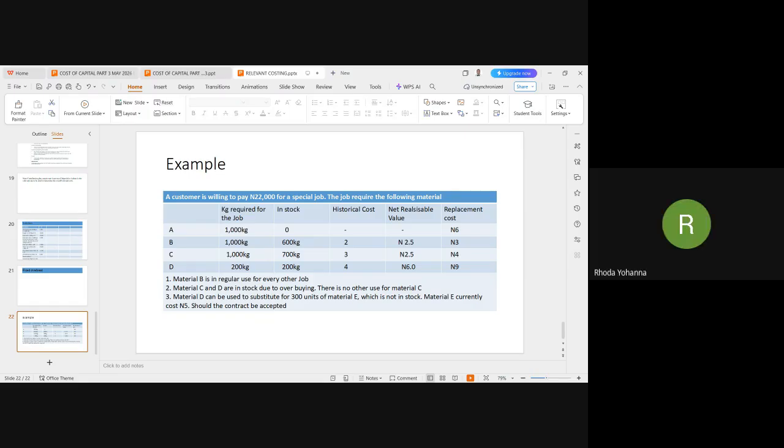The replacement cost. So the replacement cost multiplied by what is required will give you what? 3,000.